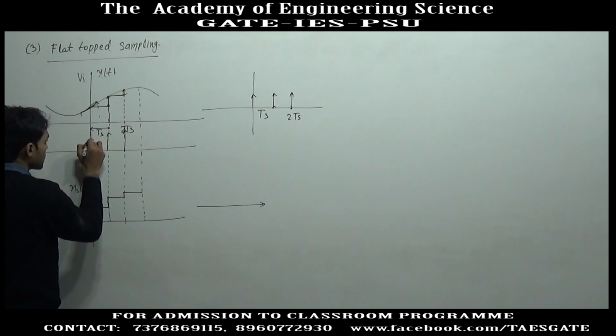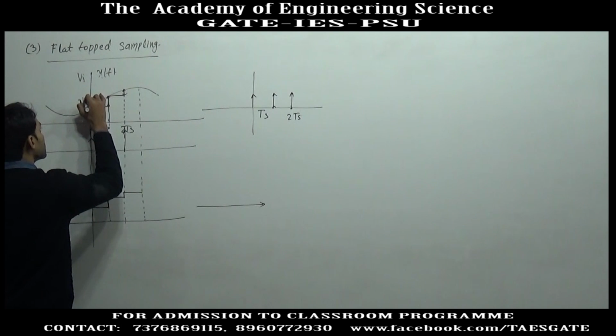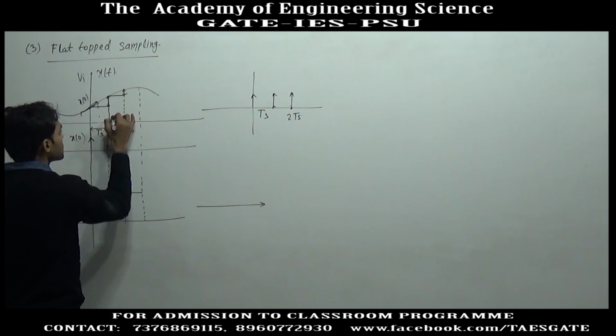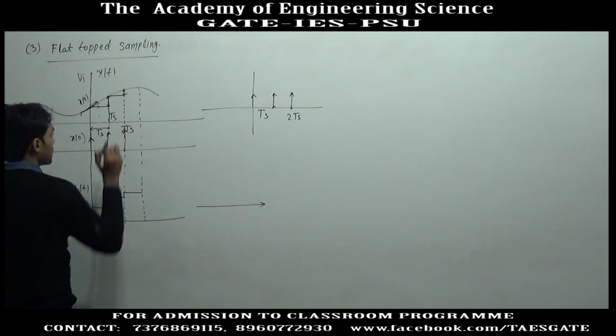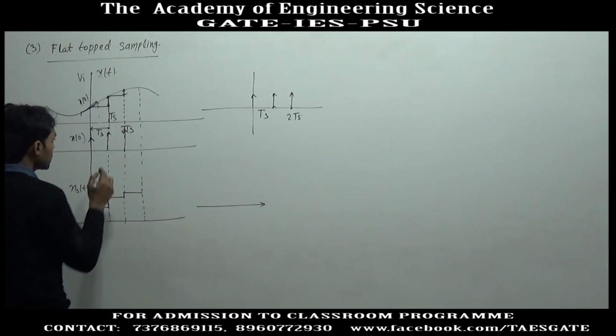The strength of each impulse depends on the signal value. Suppose here we have x(0), so the strength of this impulse will be x(0) at this point. At Ts, the strength of this impulse will be x(Ts).